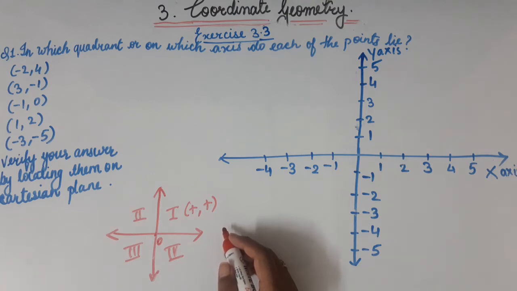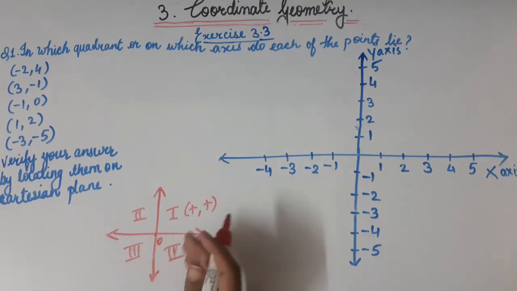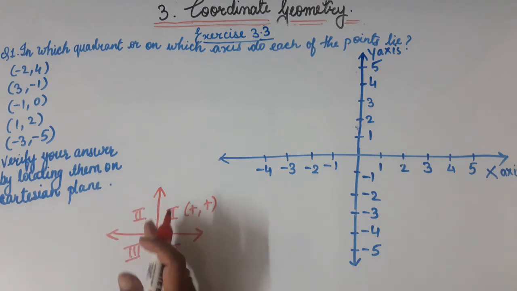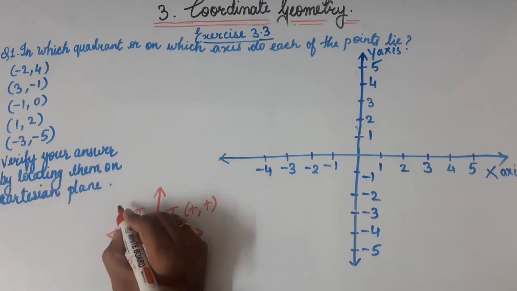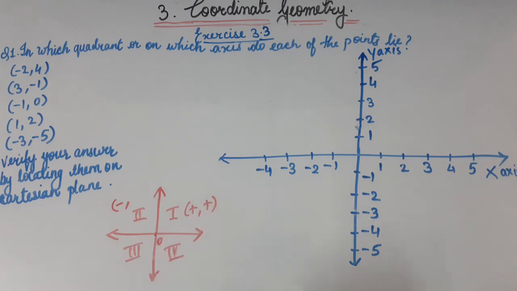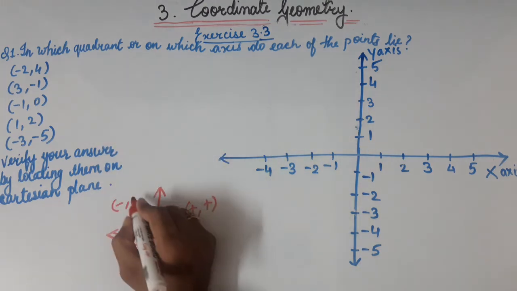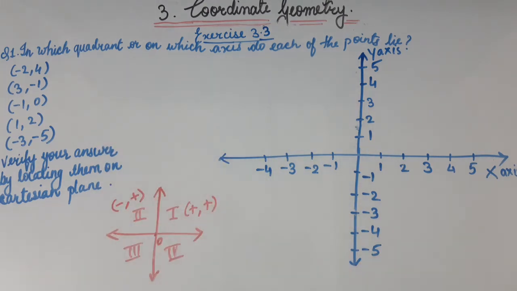Second quadrant, as we discussed, is to the left of the origin, that means x coordinate should be negative, and above the origin, that means y coordinate should be positive.